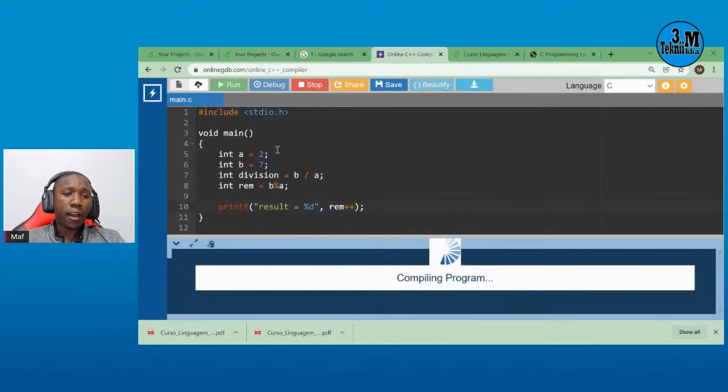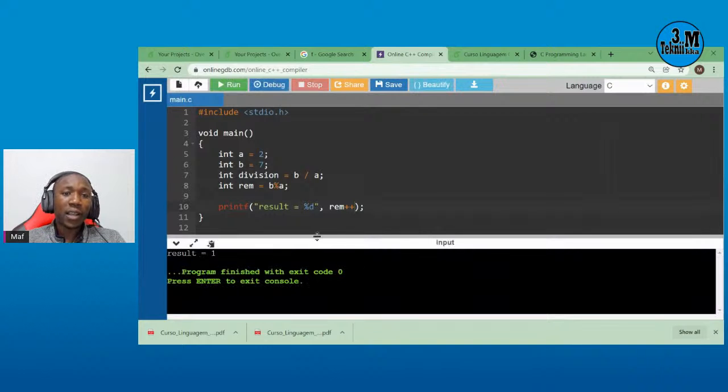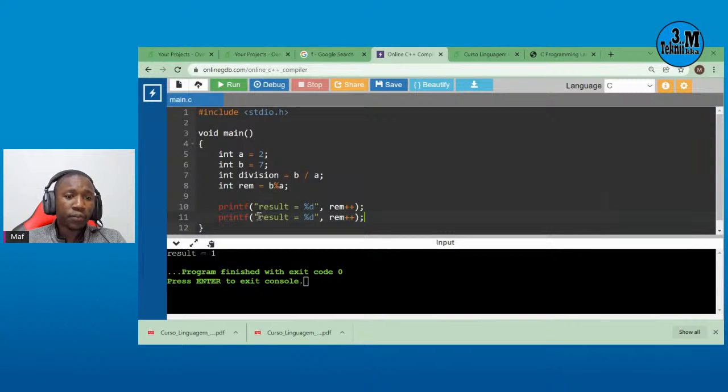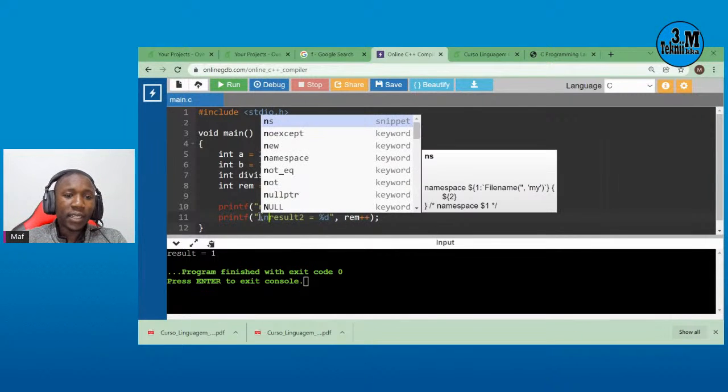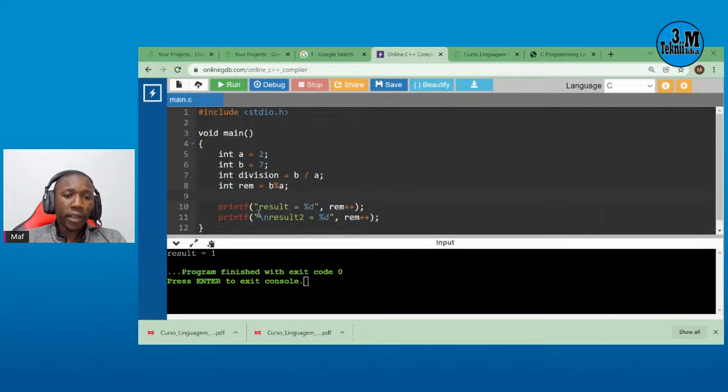Look, I have only one, why is this 1? On the next operation, let's put here result 2 and a line break here.